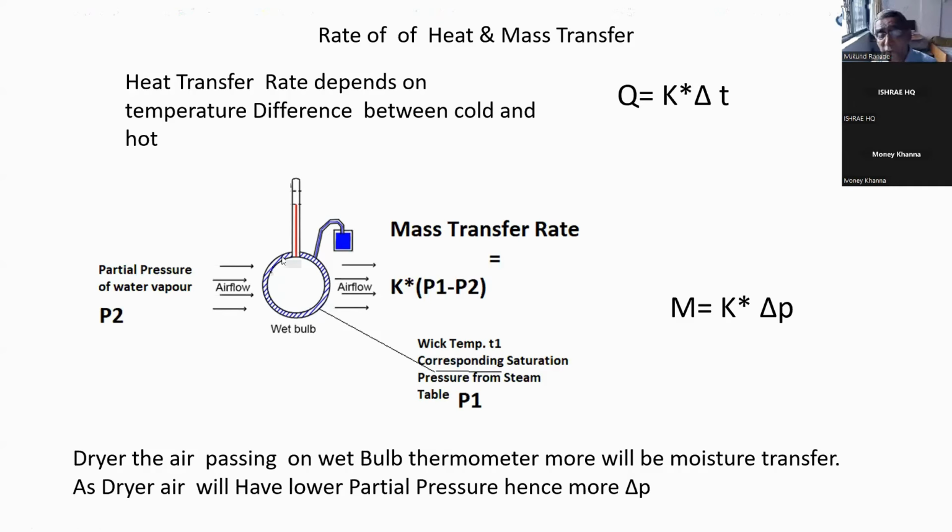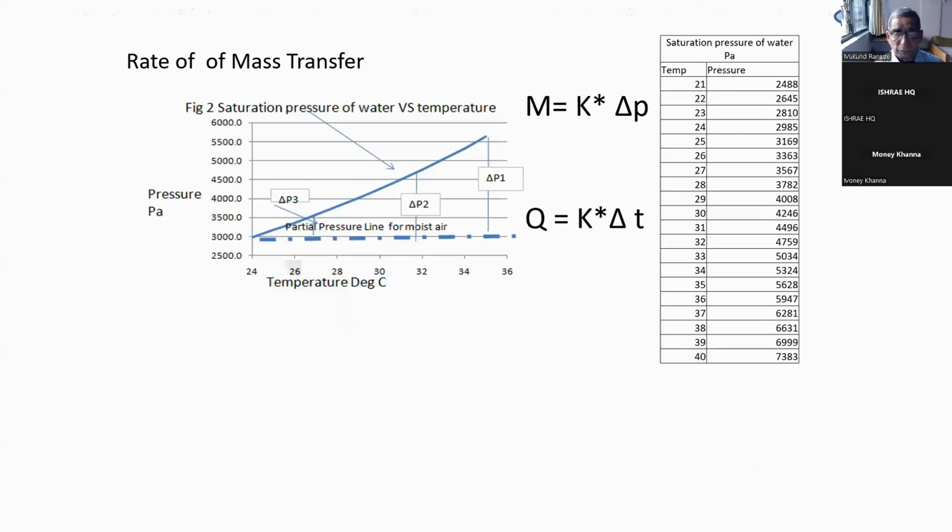But now we will see a very interesting fact. Here is the graph which is drawn. On the x-axis is the temperature, and on the y-axis is the pressure. Now there are two lines which are drawn. The first line is simple. The air is continuously coming, and let us assume for 15 minutes, half an hour, the air property does not change.